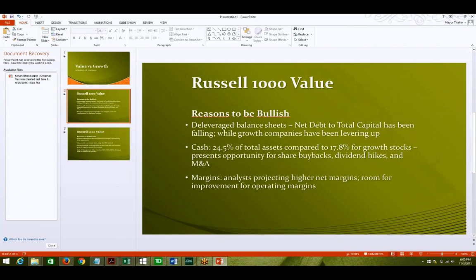We know that cash represents 24.5% of total assets, compared to 17% for growth stocks. This presents an opportunity for share buybacks, dividend hikes, and potential M&A activity. And thirdly, we know that margins are improving. Analysts are projecting higher net margins, and there's also room for improvement in operating margins.